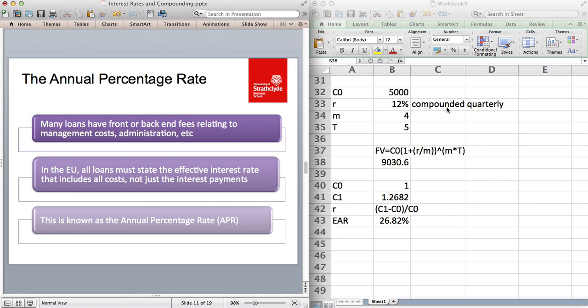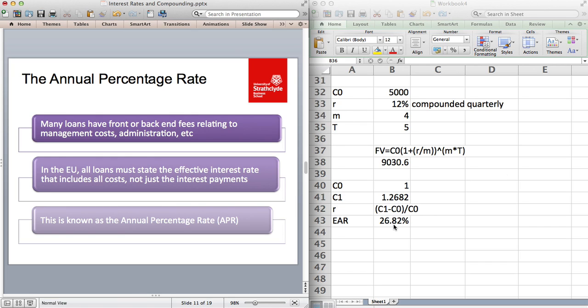So the European Union has brought in regulation that requires all providers of financing to produce information on the total cost of financing that allows you to estimate the effective annual rate of interest, this rate here.